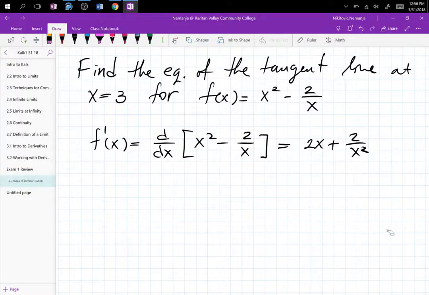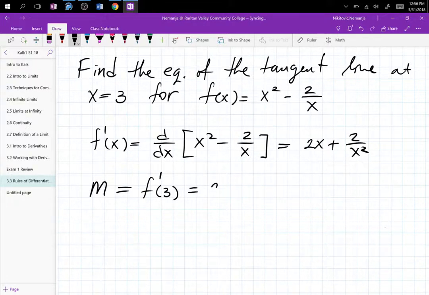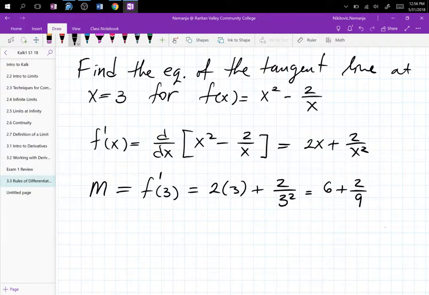So now I have the derivative. The slope of the tangent line is the derivative computed at the point they are giving us. So I need to compute 2 times 3 plus 2 over 3 squared. So this is 6 plus 2 over 9.